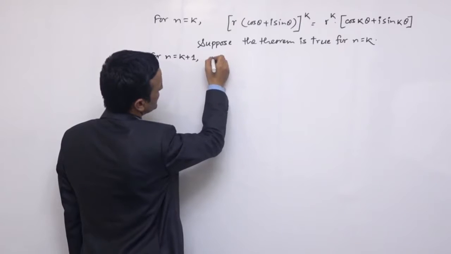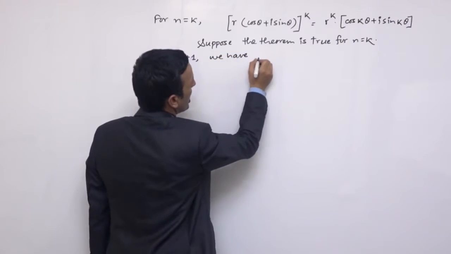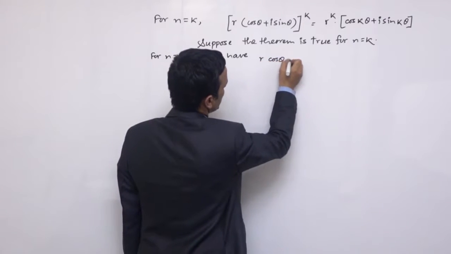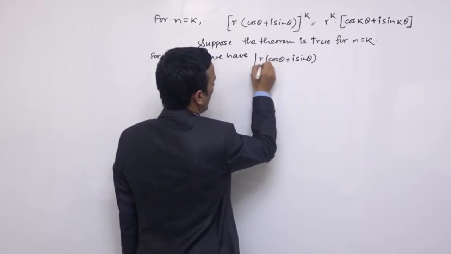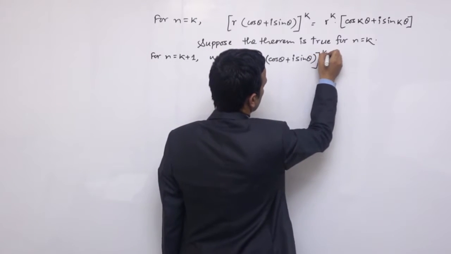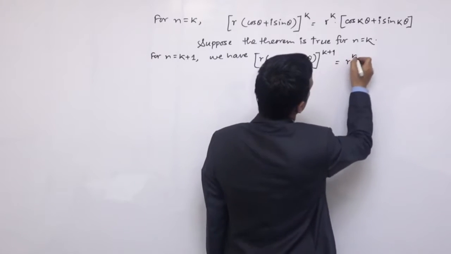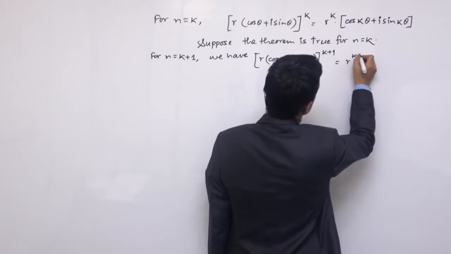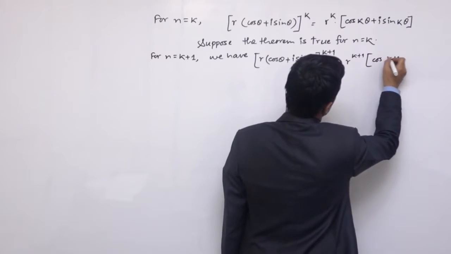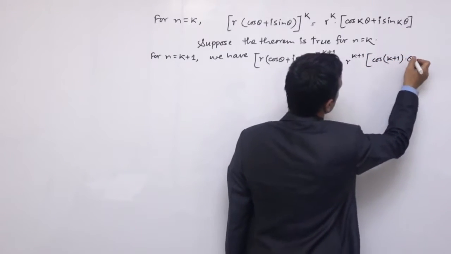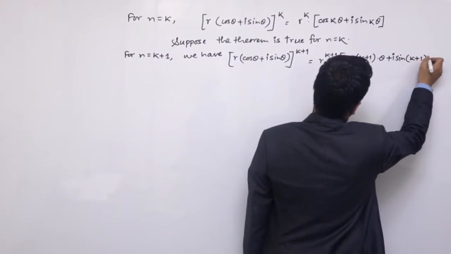So n is equal to k plus 1 गर्दा we have this one, we have r times cos theta plus i sin theta whole power k plus 1 is equal to r power k plus 1 and cos k plus 1 into theta plus i times sin k plus 1 into theta.